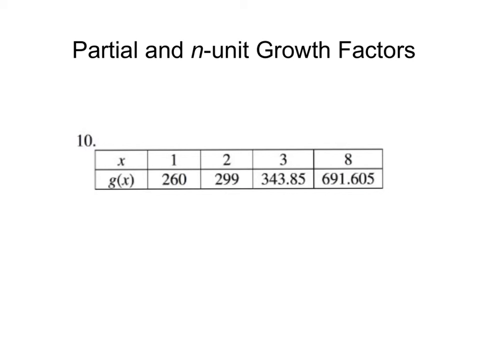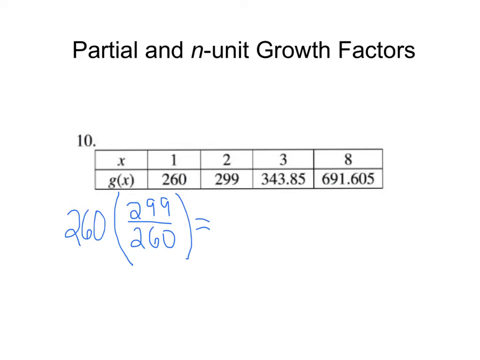And we can figure this out by knowing that this growth factor will always be 299 divided by 260, because if we multiply 260 times 299 divided by 260, then we will get 299, the next output value.